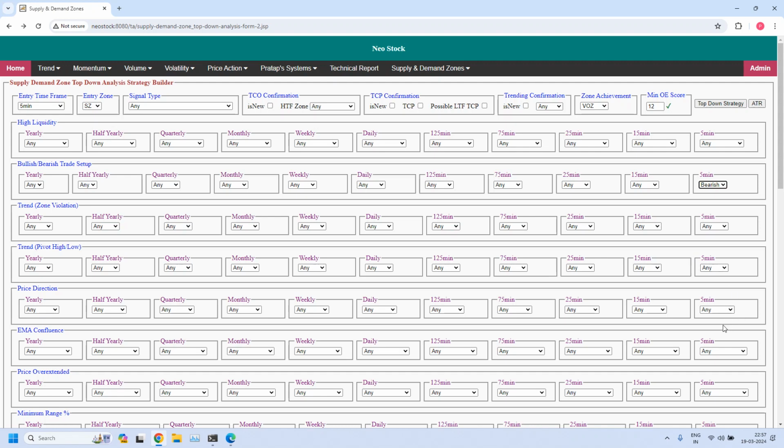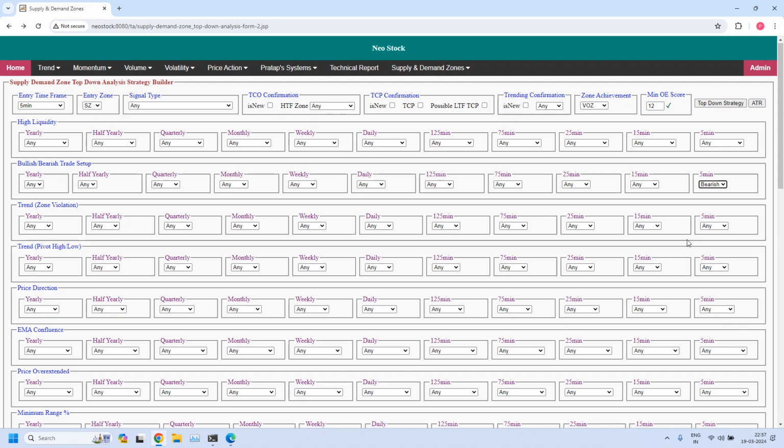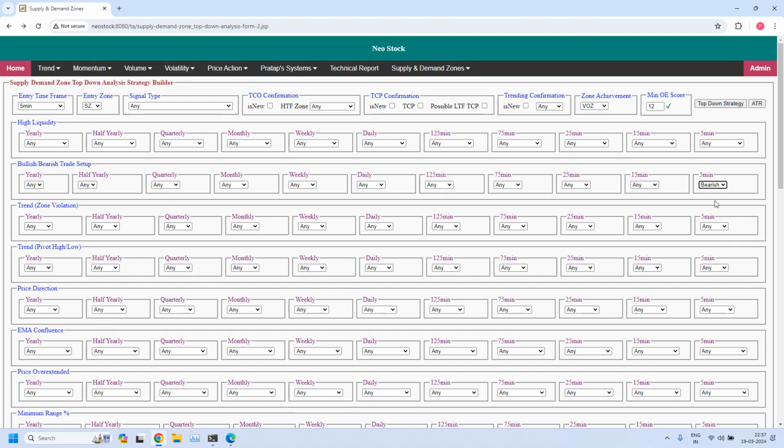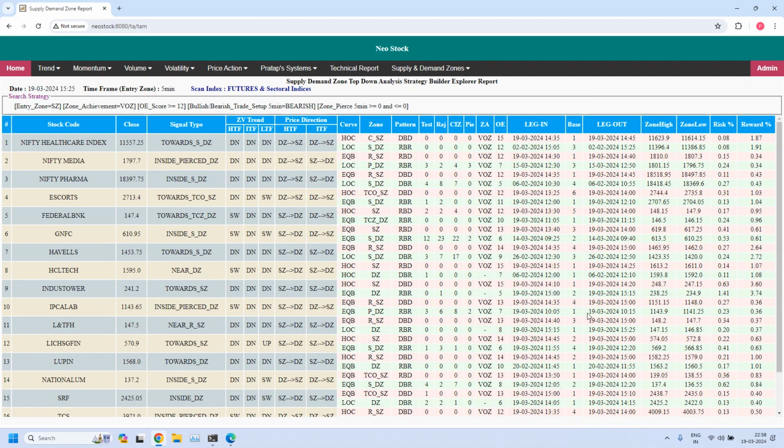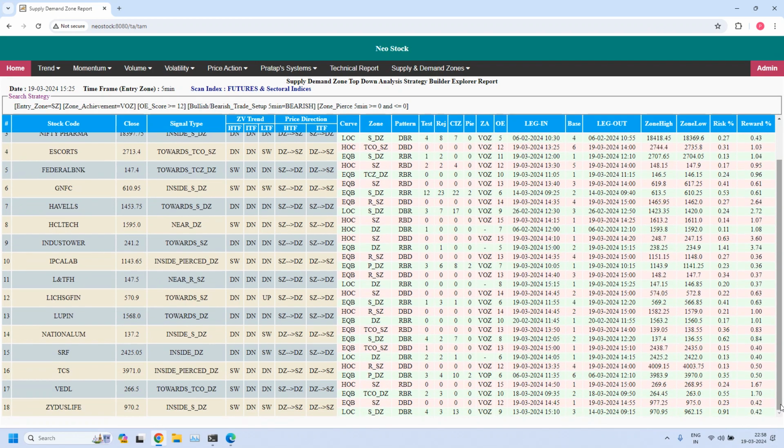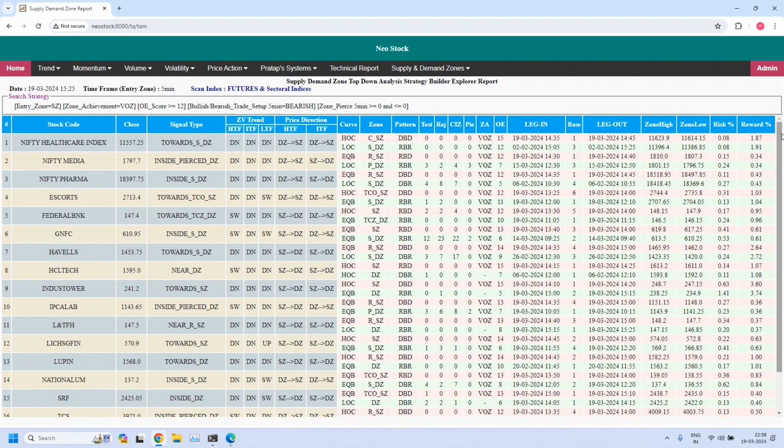We already said 5 minutes pierced count should be 0. So now let's generate the report. So this is the list. So currently 18 stocks are filtered. All these stocks are supporting bearish trade setup.